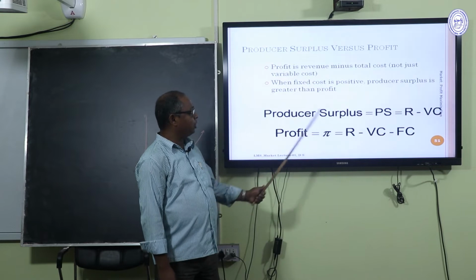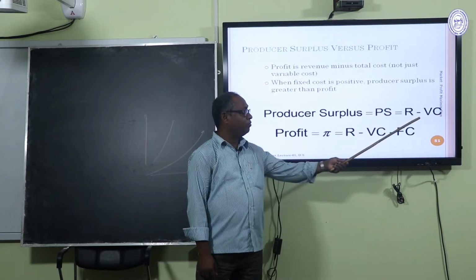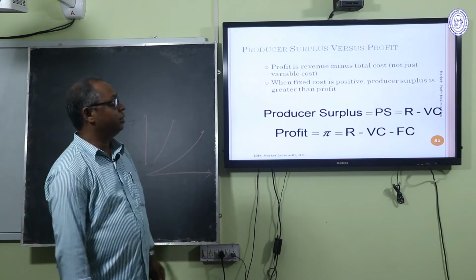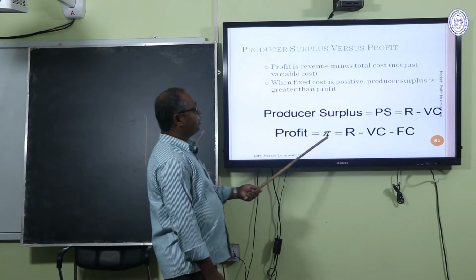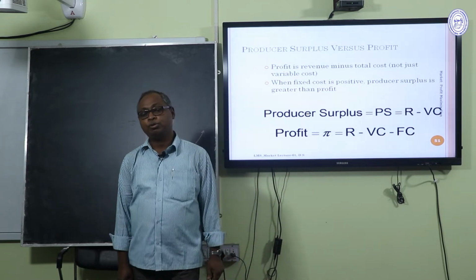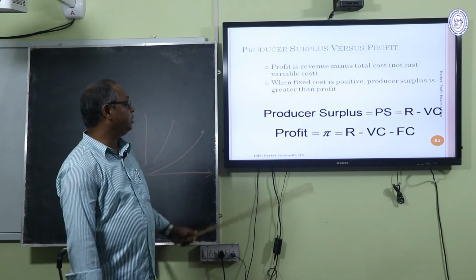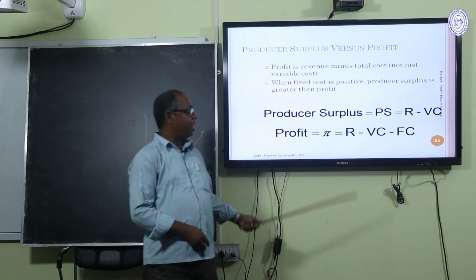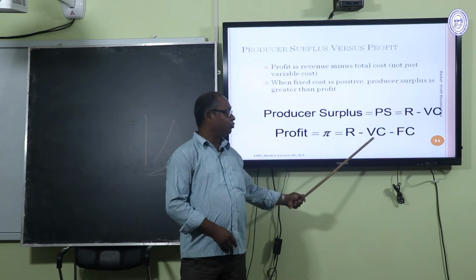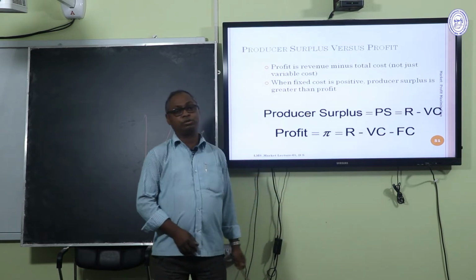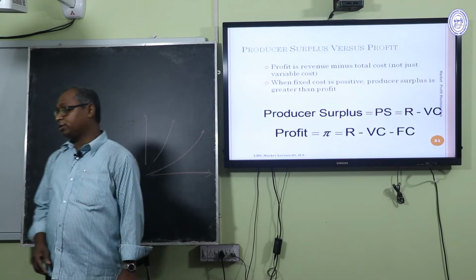So producer surplus is nothing but revenue minus variable cost. But if you want to get the profit, then it should be revenue minus variable cost and minus fixed cost. So in the case of producer surplus, we focus only on variable cost, and in profit we focus on both variable cost and fixed cost over revenue earned.